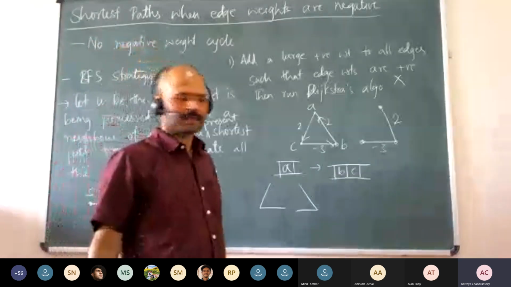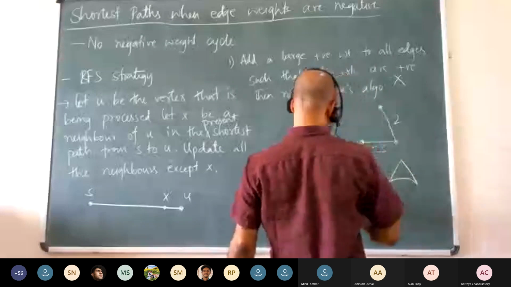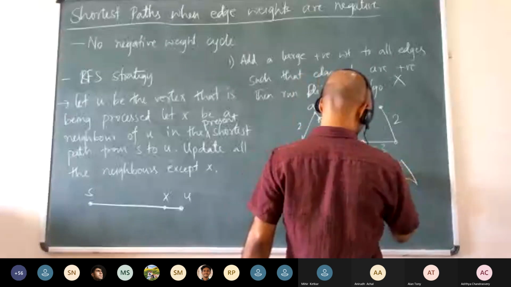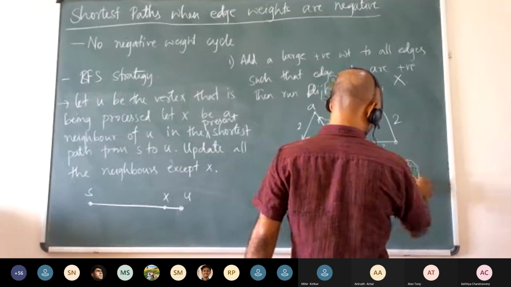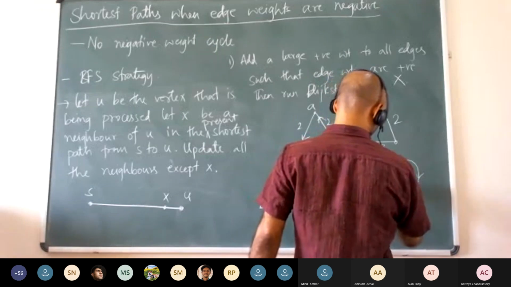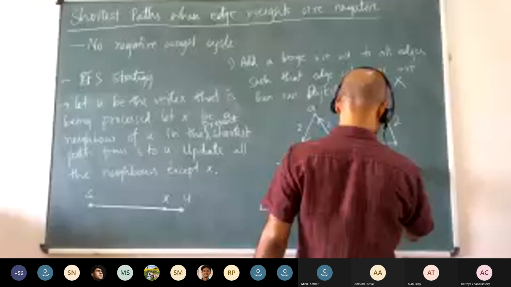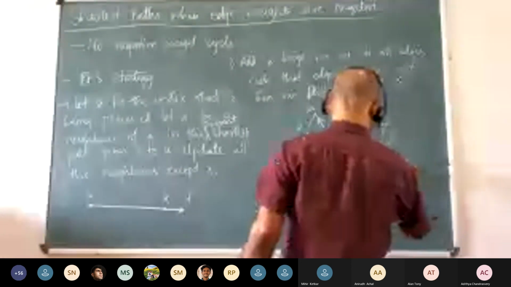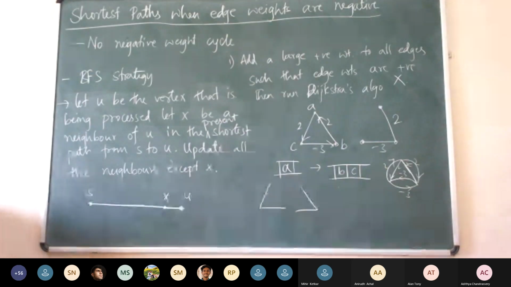Exactly, as Aditya was telling before also. If you visualize this as a directed graph, basically you put it in both directions with the same weight. This would be a sort of negative cycle, which is sort of forbidden from the graph.